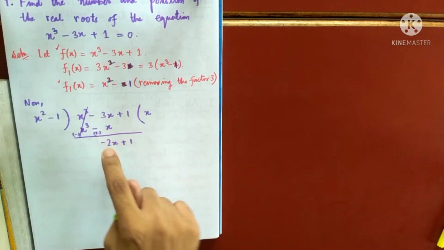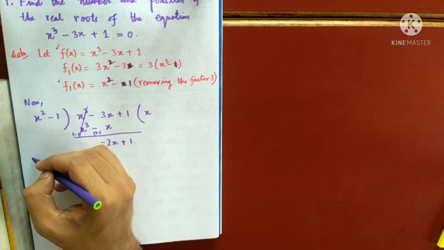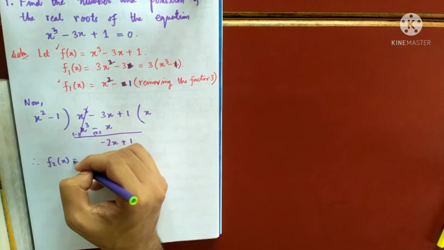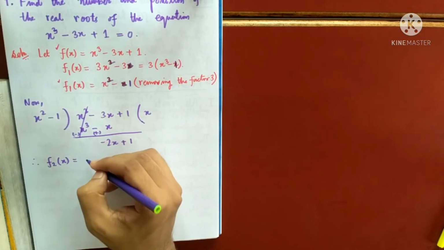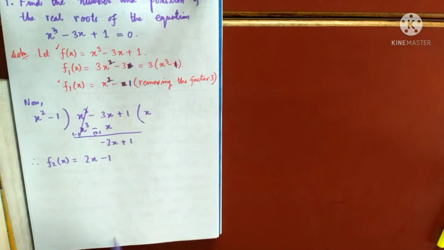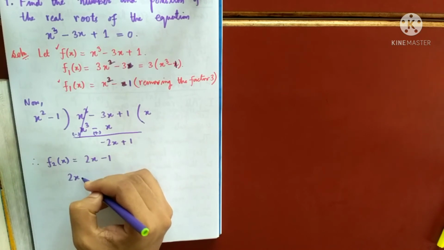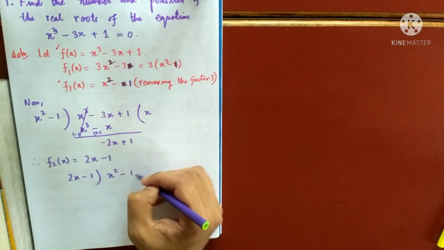Before taking this as the next divisor, you have to change the sign. So therefore the second auxiliary function is what? Changing the sign, minus 2x will become 2x and plus 1 will become minus 1. So now you take this as your next divisor and this as your dividend.